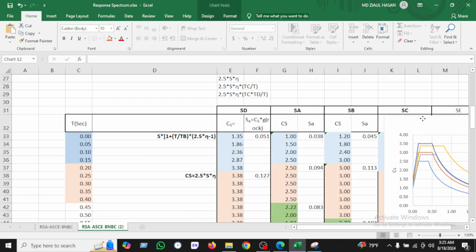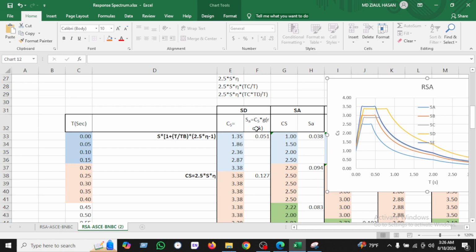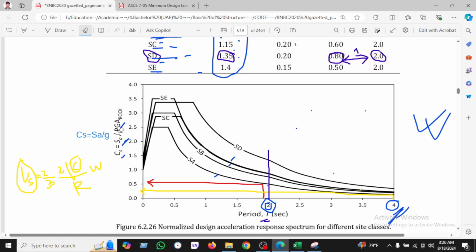If we want to draw the time period versus SA, we need to... SA means the PGA rock. So CS equals SA divided by G. G means PGA rock, which we have drawn here. So if you want SA, then what we need to do?